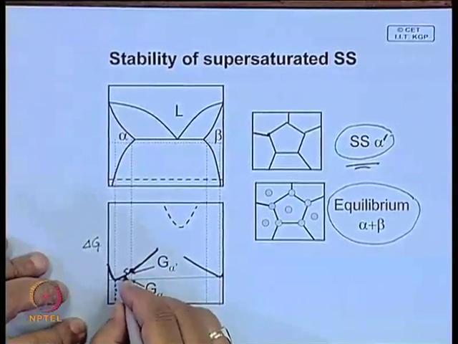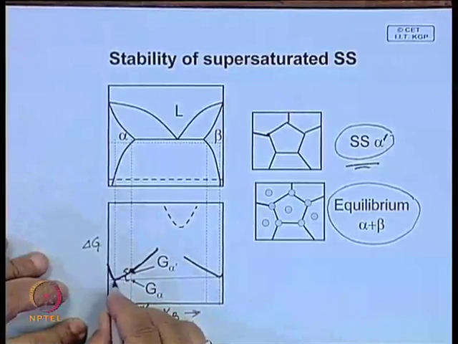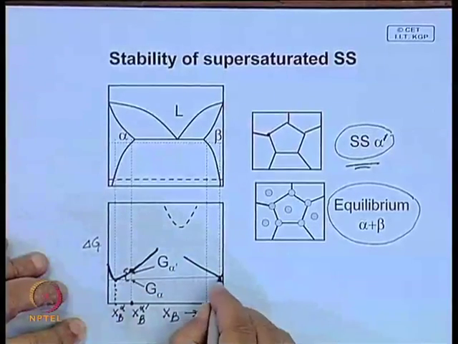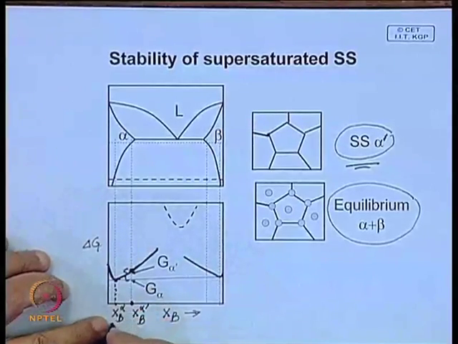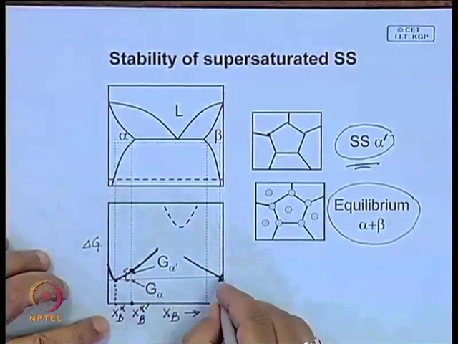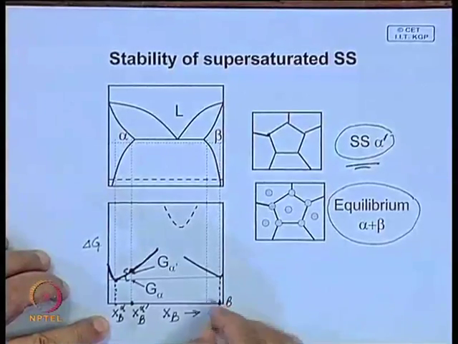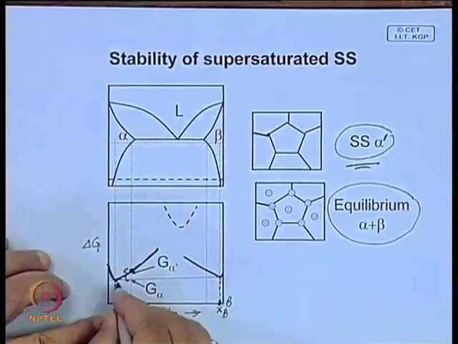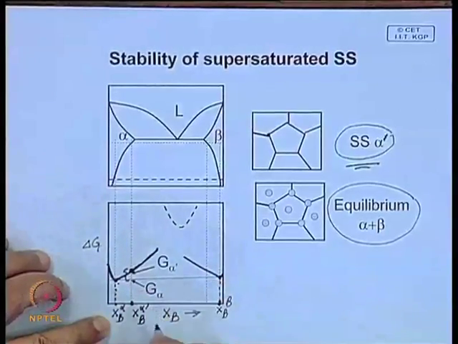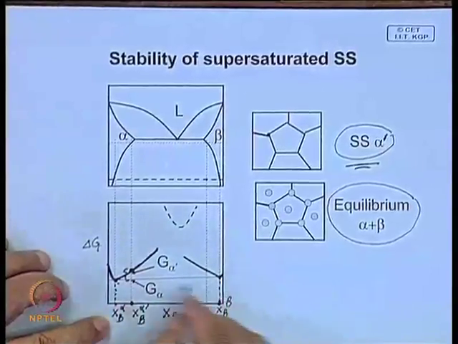So, this is the free energy difference. Its stable structure is made up of this composition, the atom fraction of B in alpha, and this is the atom fraction of B in beta. So, this mixture of alpha and beta is the equilibrium structure at this particular temperature.